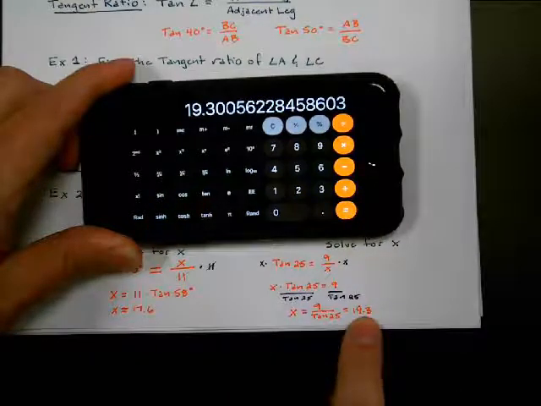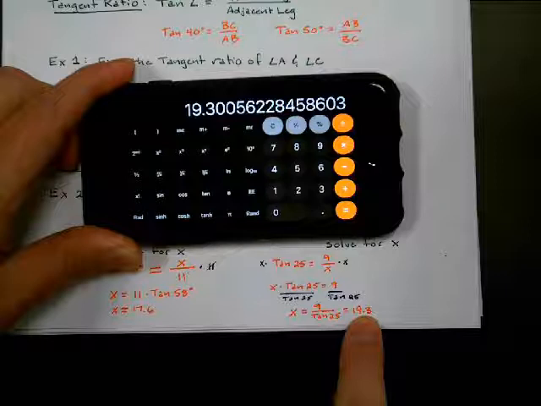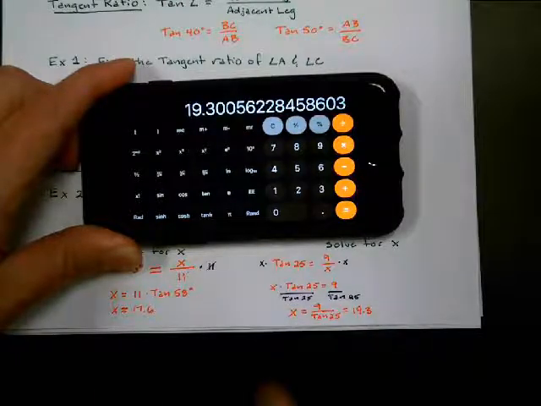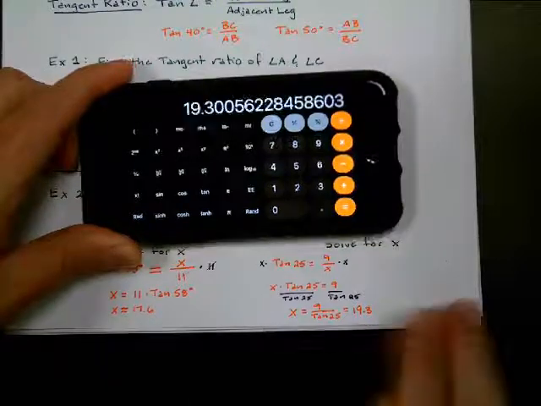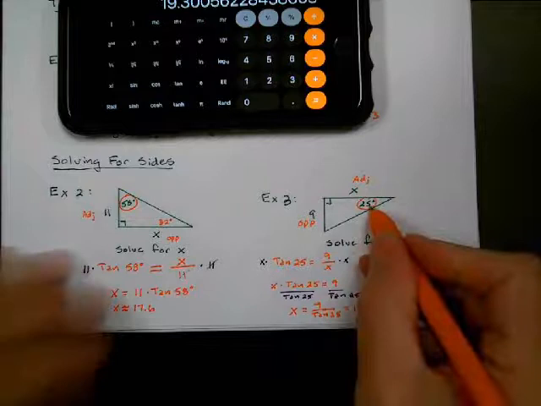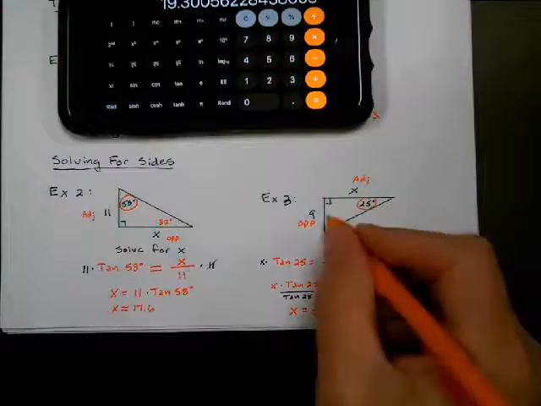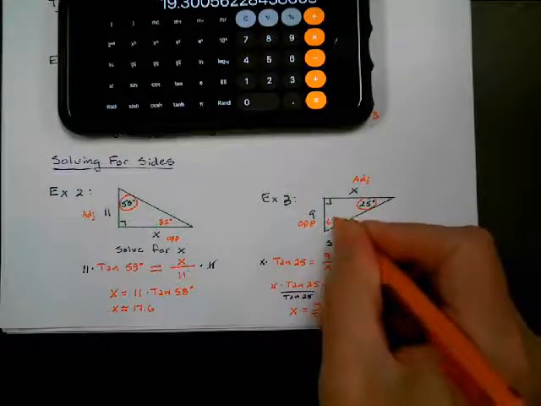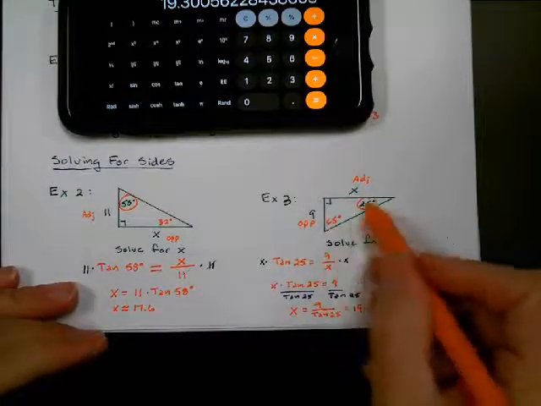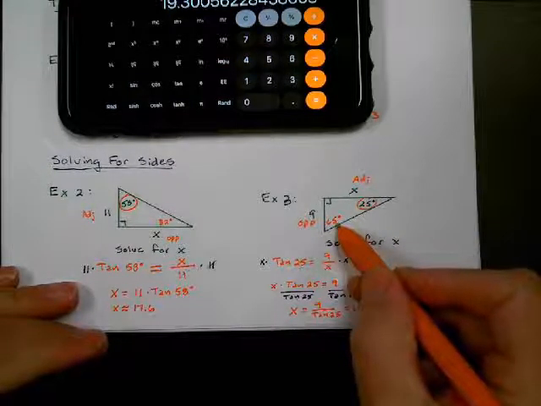Now, some people don't like this dividing thing. Could we have done it like the previous problem? Well, there is a way that we could have done it. We could have said, well, if this angle is 25, this angle over here has to be 65. Because all the angles in here have to add up to 180 degrees. So what I could have done is instead worked from this angle.